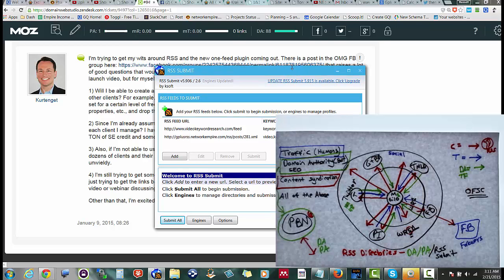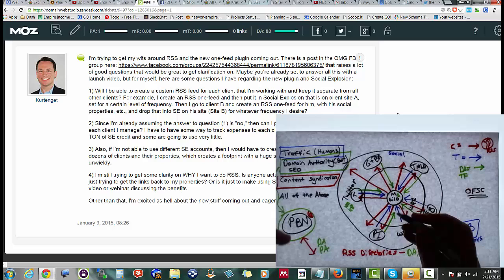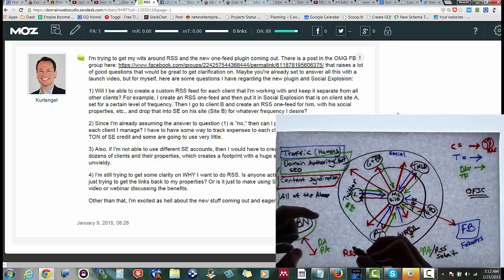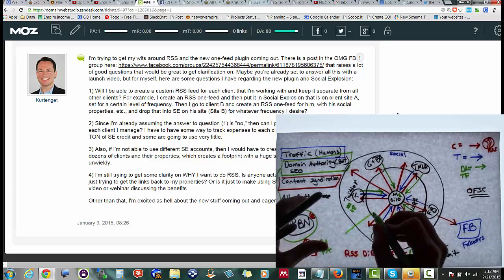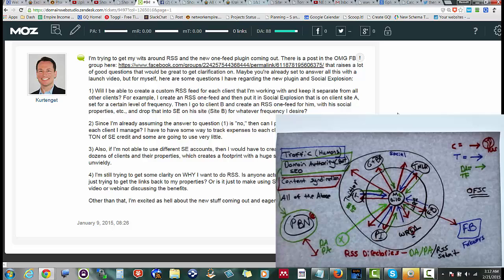I've got to update it. But what's the advantage of that? Well, those are what you call third-party sites, but they're not even WRS, they're not even social, but they would be out here and they're going to point some domain authority. So let's say you submit it to RSS Mountain or something like that, RSS directory X. It's going to bring some DA and some PA towards your site.